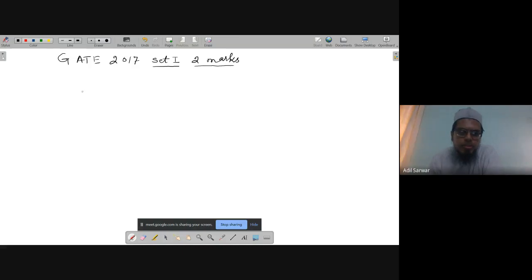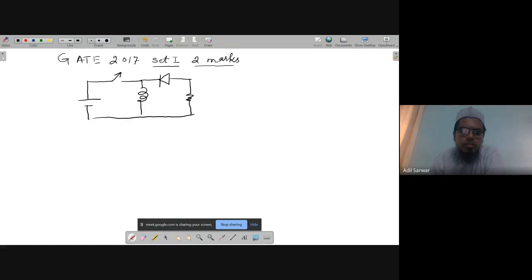Okay, so the question goes like this. Let me first draw the buck boost converter. So we have this inductor here, and then a diode here. And then a load, a resistive load, is there.